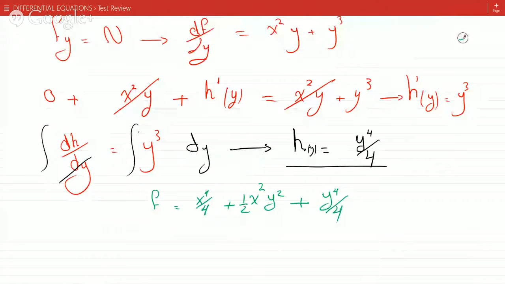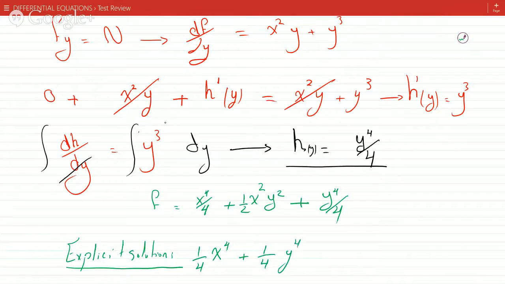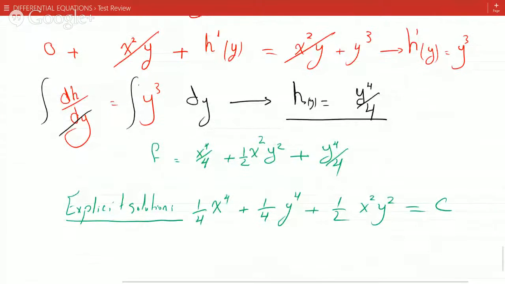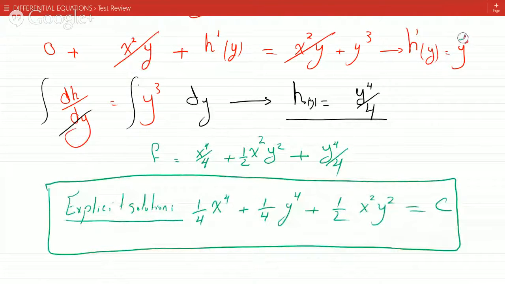And since this has to equal some constant c, our explicit solution, we can set this equal to some constant, which we can determine if we had boundary conditions or initial conditions. 1/4 x to the 4 plus 1/4 y to the 4 plus 1/2 x squared y squared equals some constant c to be determined. This does it for our solution.